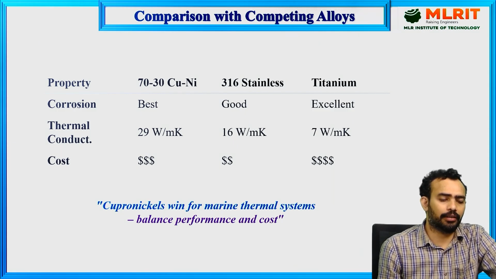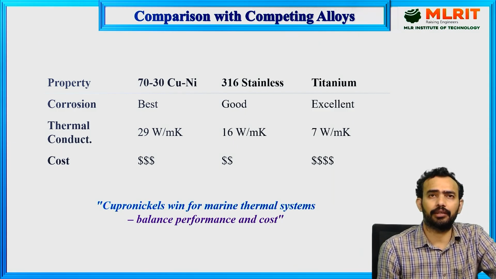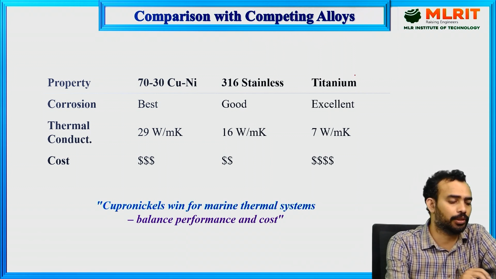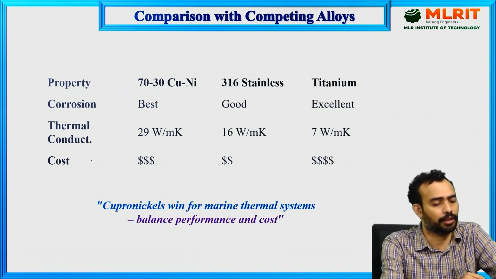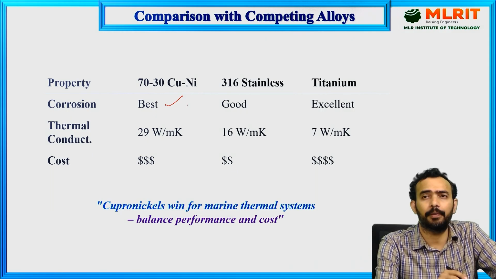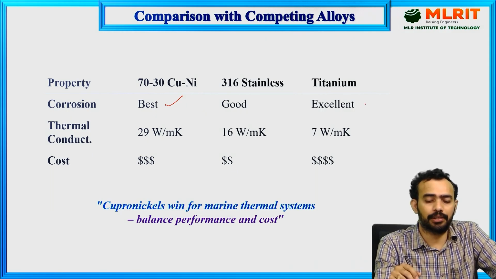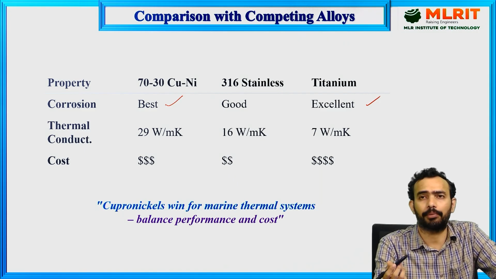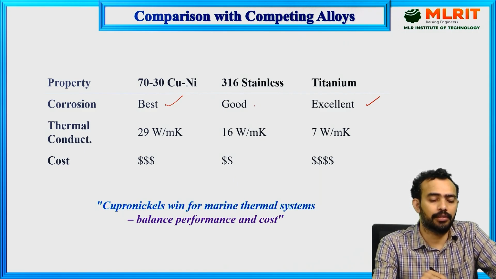So if we compare cupronickel, particularly 70/30 grade cupronickel, with stainless steel and titanium in terms of corrosion resistance, thermal conductivity and cost: corrosion resistance is the best that titanium can offer, which is excellent, and 70/30 copper nickel is also one of the better ones. Stainless steel is a good intermediate.